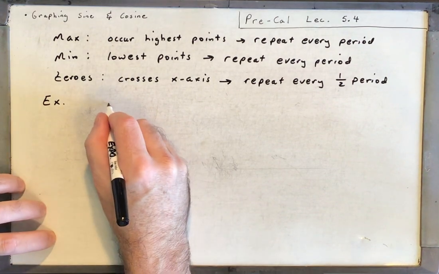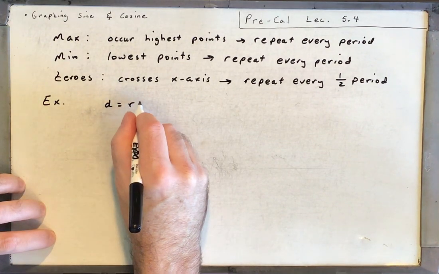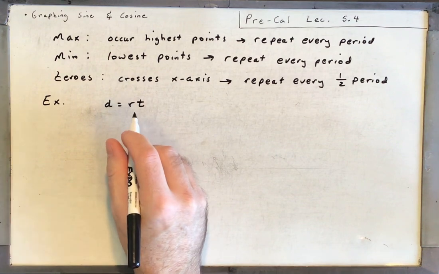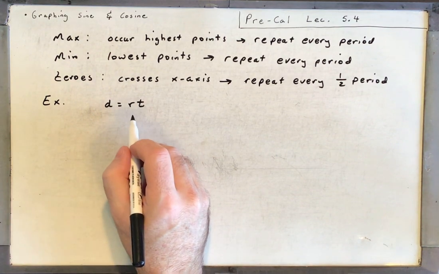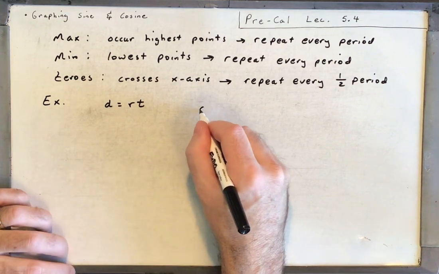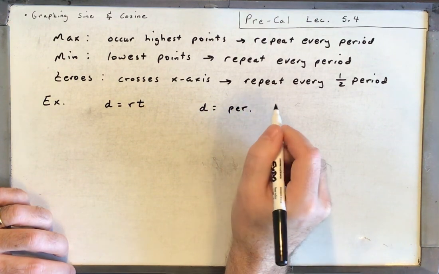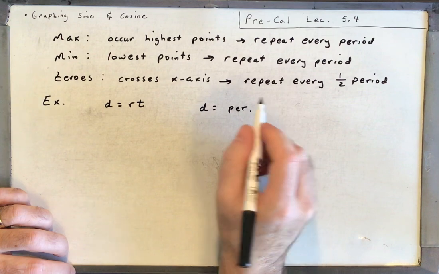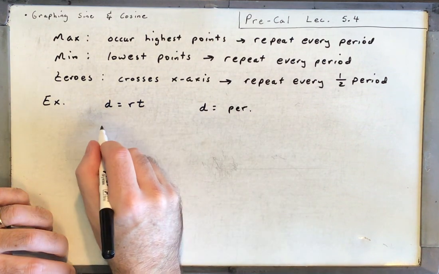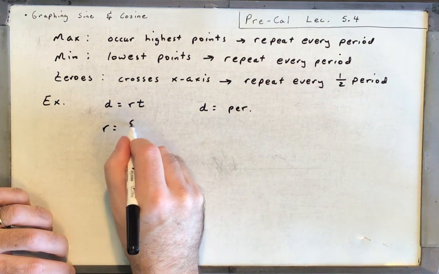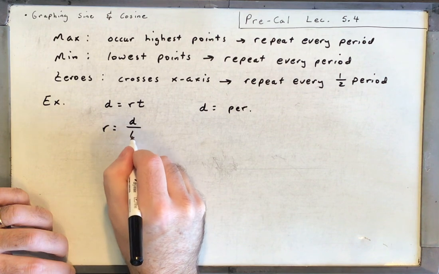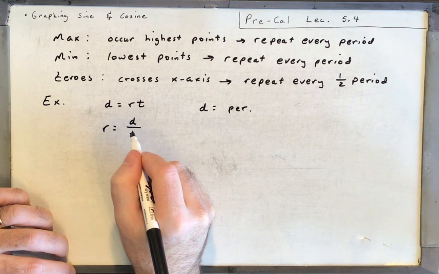Okay, so this is a distance equals rate times time problem. Very important to remember that equation. Now the distance is just equal to the period. All right. We are trying to find how fast. So rate. Well, rate is going to be distance over time.